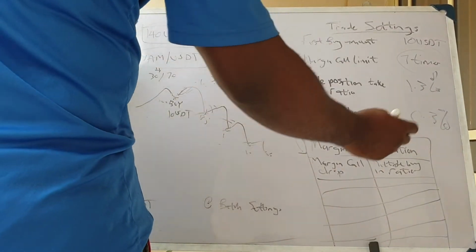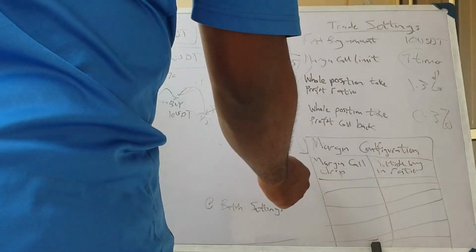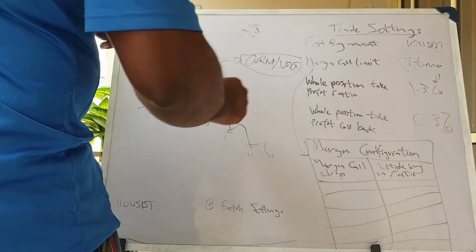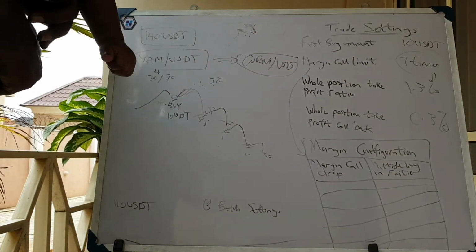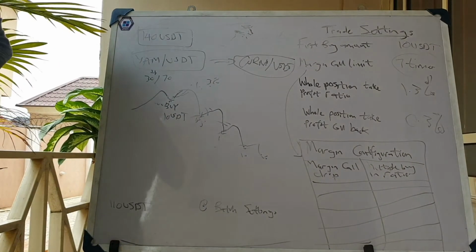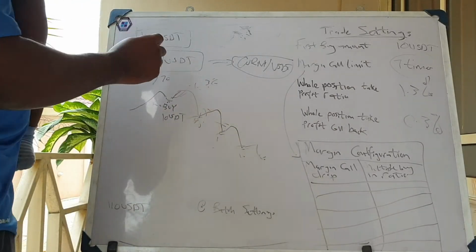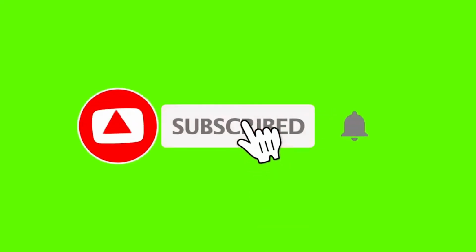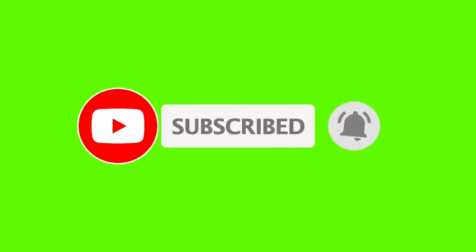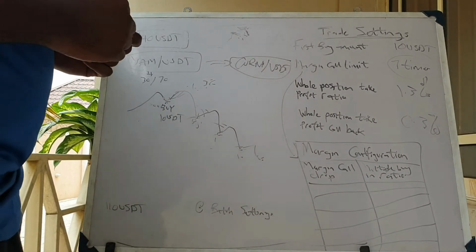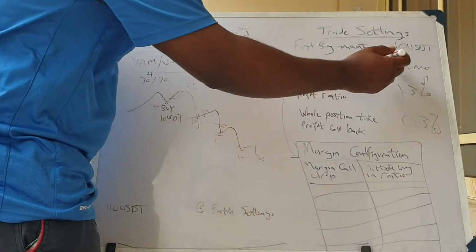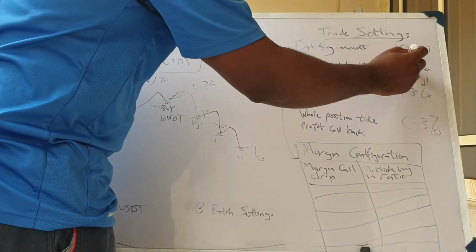So that's this. For your margin configuration, remember I said this is a function of how many times you want it to buy each time it falls. If you have more money, it all depends on your balance, you can have this at 14 times or 20 times.